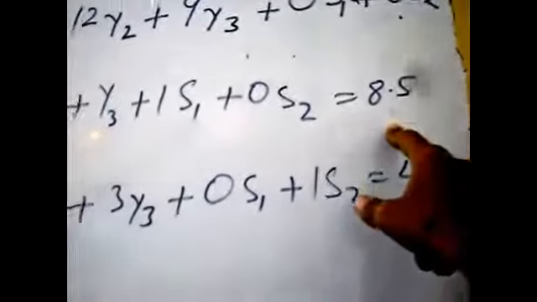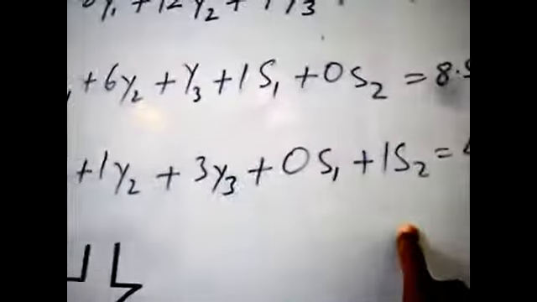To make it equal to 8.5, we add s1 with coefficient 1, and then it equals 8.5. Next, we add 1 s2, then it equals 4, because this expression is also less than 4 and we have to make it equal to 4.